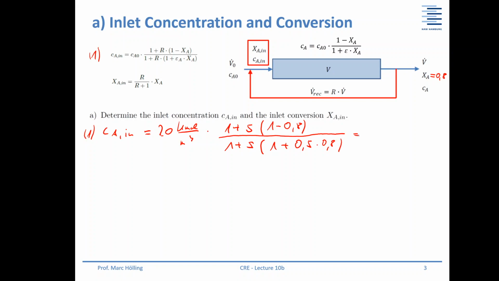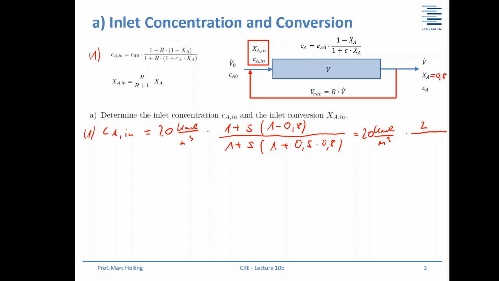0.8. Okay. Then 20 kilomoles per cubic meter. Then let's have a look. 1 minus 0.8 is 0.2, times 5 is 1. So this means we have 2. 2, and 1.5 times 1.8 is 1.4.